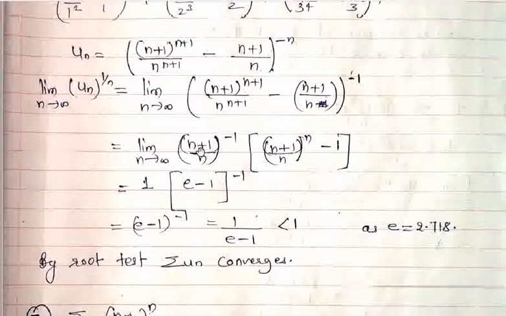Removing the common factor of n plus 1 divided by n to the minus 1 out for these two, n plus 1 minus 1 is n. So you get this n, and this thing is to the power of 1. So 1 minus 1 is 0, so 1 to the 0 is 1, so minus 1.